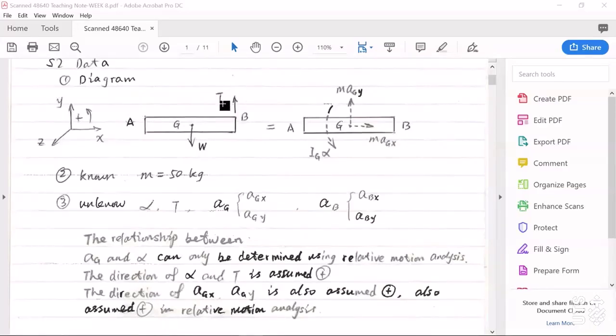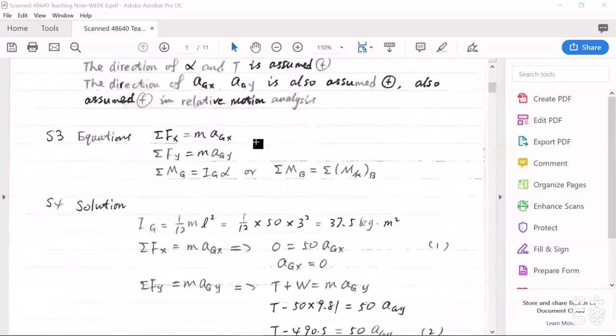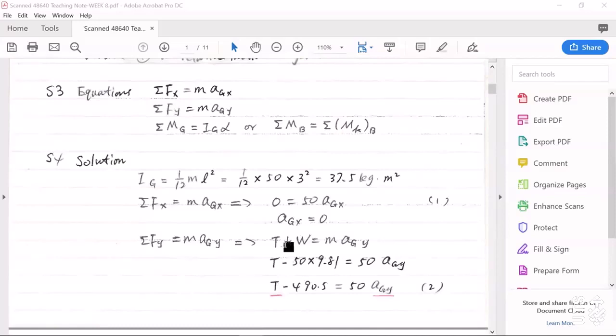It should be positive. Weight force W, downward, it must be negative. Okay, so we can get an equation. This gives us the relationship between tension force T and AGY.